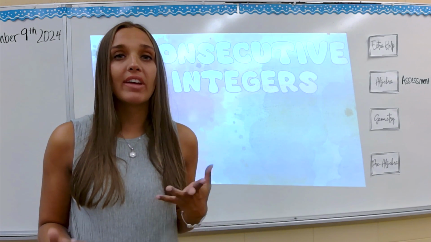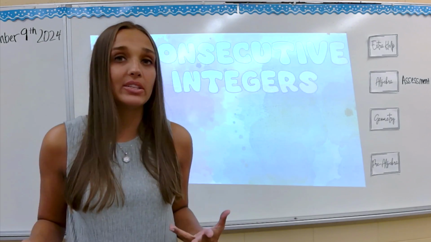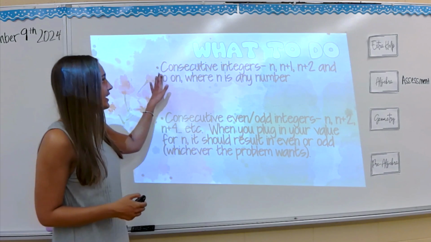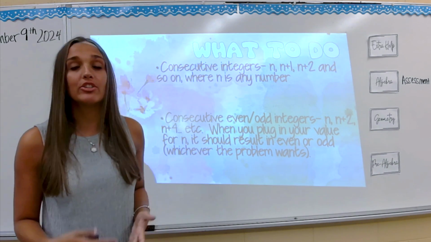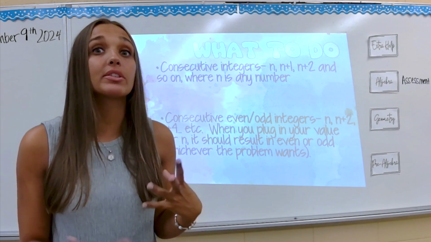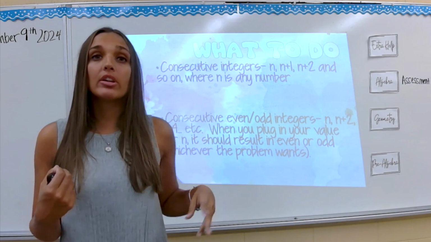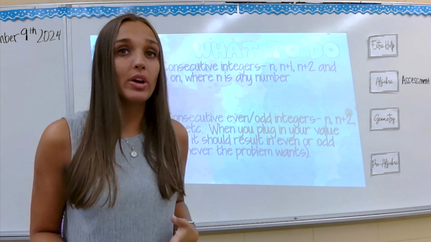So let's take a look at how we would break up these problems, how we are going to execute these problems, and what it means to do when we're given this problem. So consecutive integers, like I said, a consecutive integer is in a row. So like 1, 2, 3, 4, those are consecutive integers. They're in a row. So when we're working with them mathematically, we are going to label them as n plus 1, n plus 2.